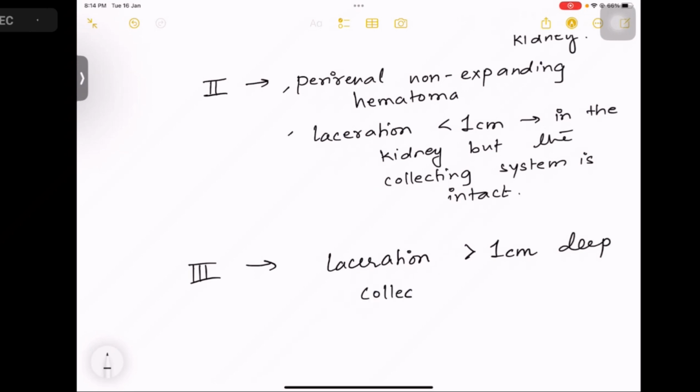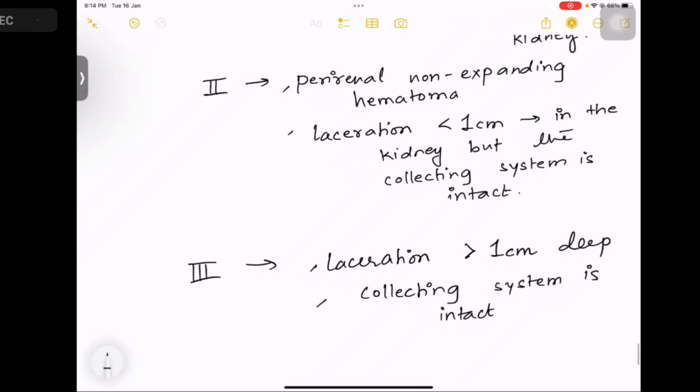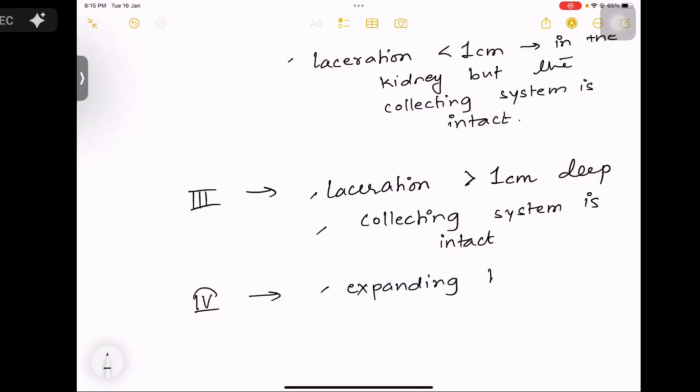The collecting tubules are intact in this case as well. Now from level 4 onwards, one more point has been added, that here the collecting tubule gets destructed. Obviously lacerations are present because it started from level 3 only.